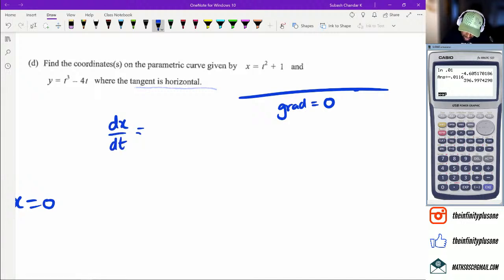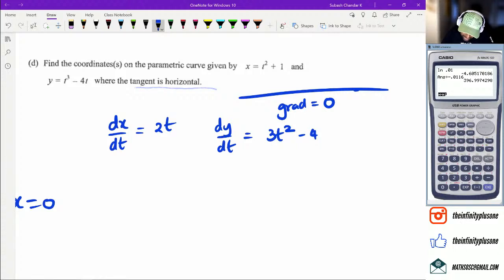Because it's a parametric equation, we got dx dt, which is 2t, dy dt, which is 3t squared minus 4. This is differentiation 1.